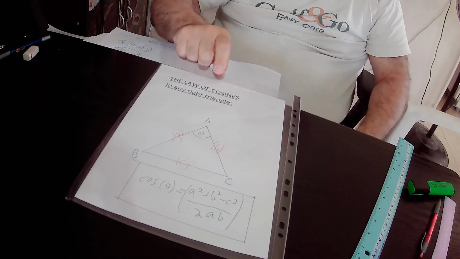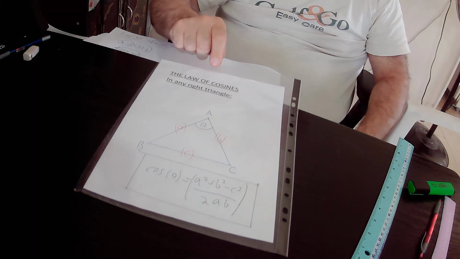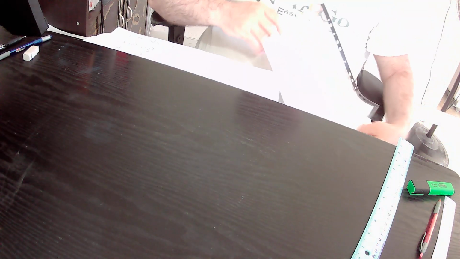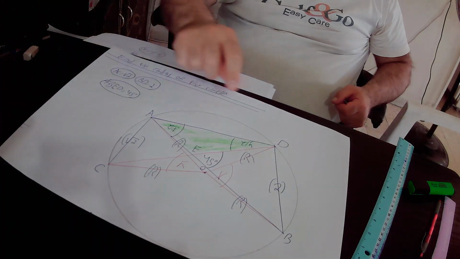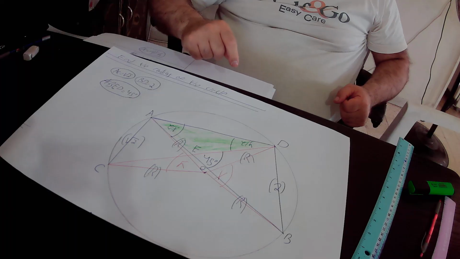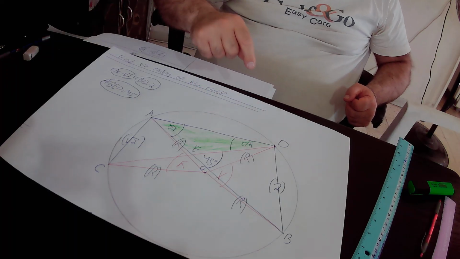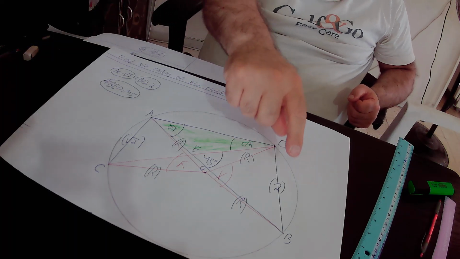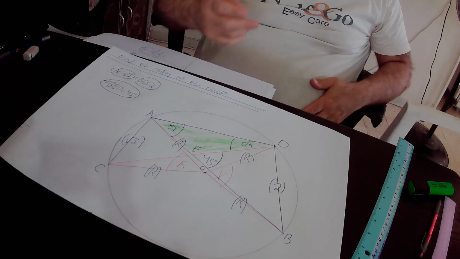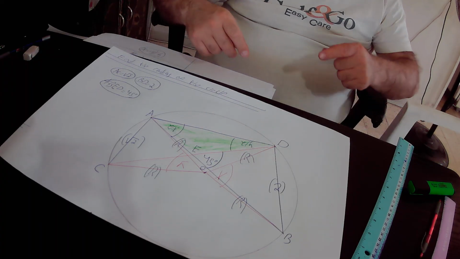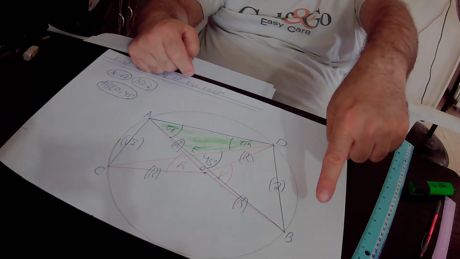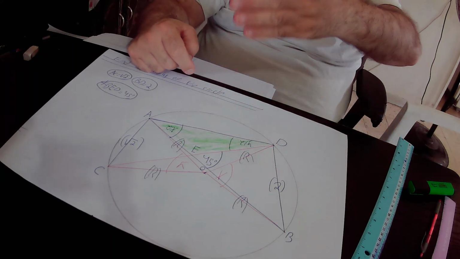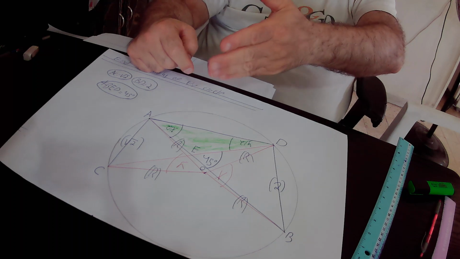So I can implement the law of cosines in any triangle, and especially in triangle BOD. So I copy triangle BOD in a new page and implement the law of cosines in this triangle BOD. But before that, it's very easy to see that AO equals CO equals BO equals DO. They are the radius of this circle.